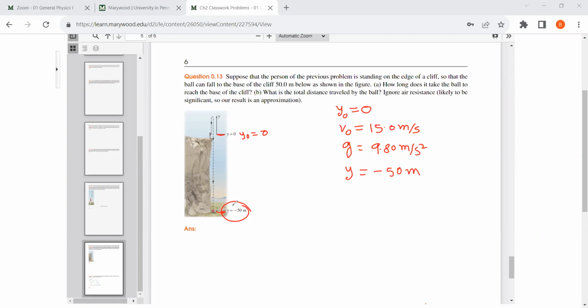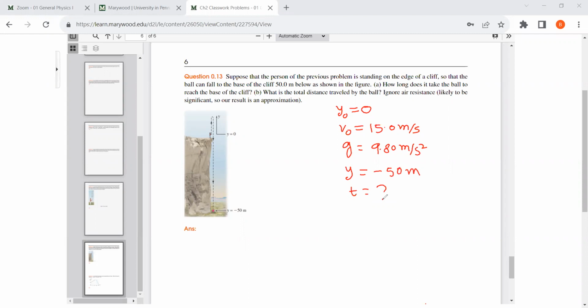By negative 50 meter we mean that this is below our y0 equal to 0 point. Because it is below the initial position, we have a negative sign. This is basically the convention of the coordinate system. Remember that if you use a positive sign, you get an incorrect answer. So we have to calculate this.